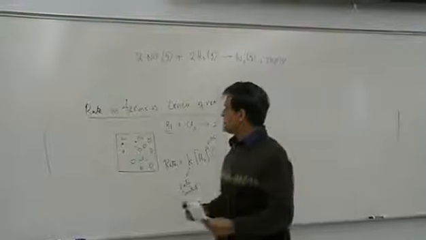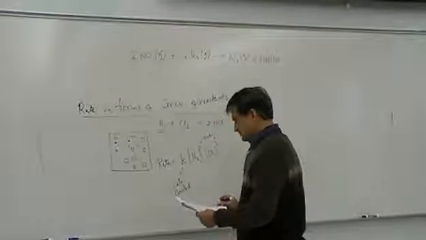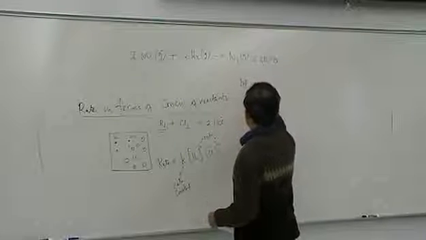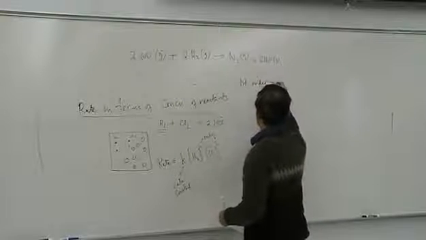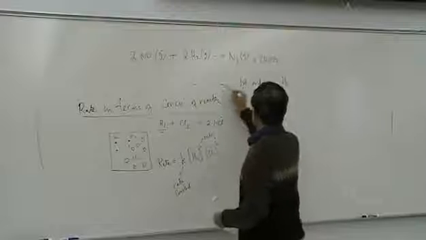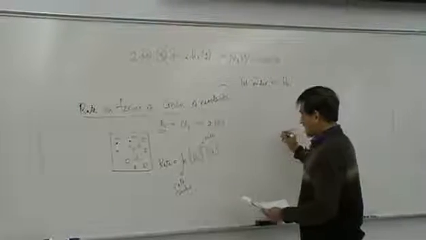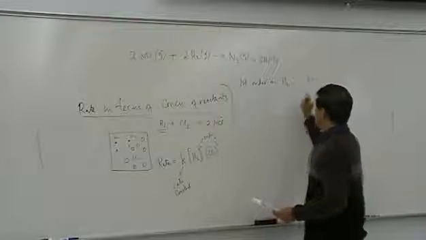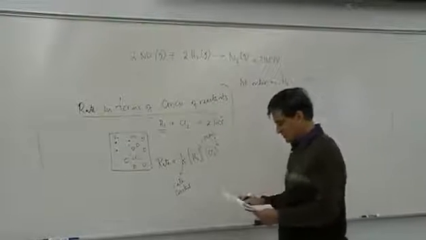Some information has to be given. Say we said that this is first order in H2. So let's write down first order in H2. So A equals 1 according to this information given.